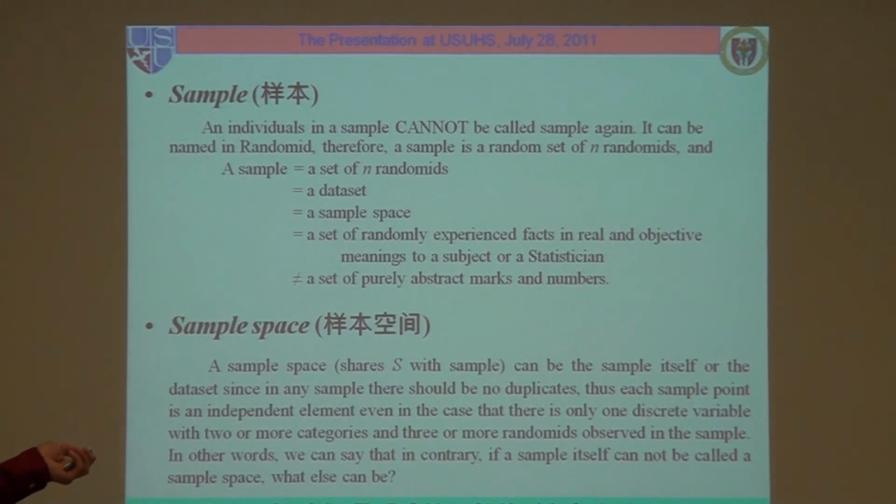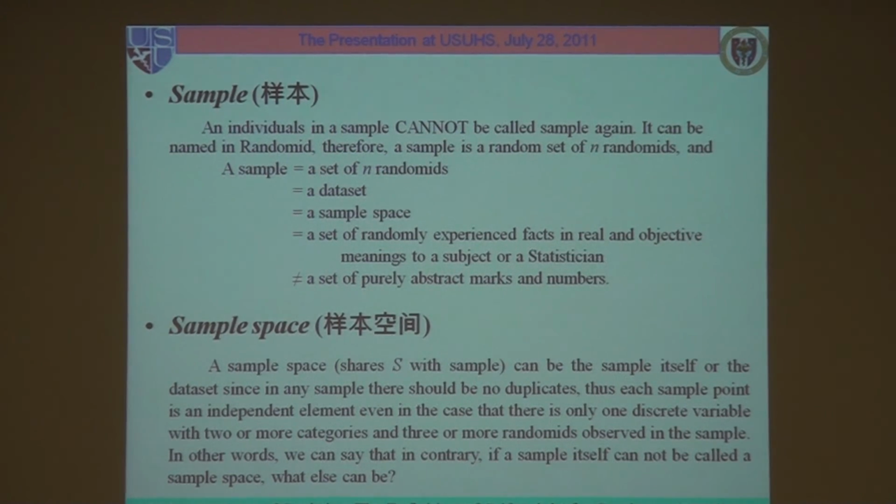And this is the dialectic observation, the definition in dialectic logic. So a sample is equal to a set of n randomly, is equal to a data set. It's a sample space. A sample is the sample space.